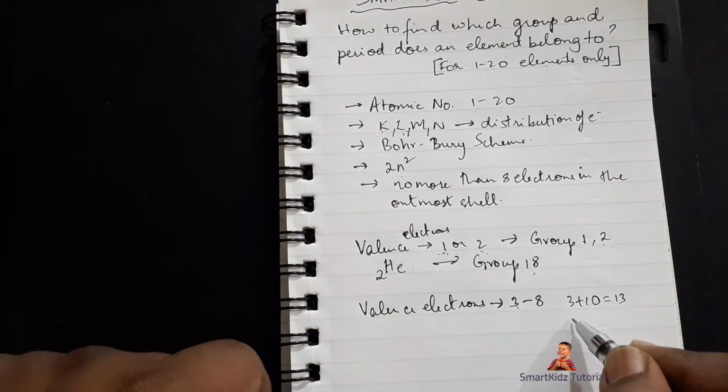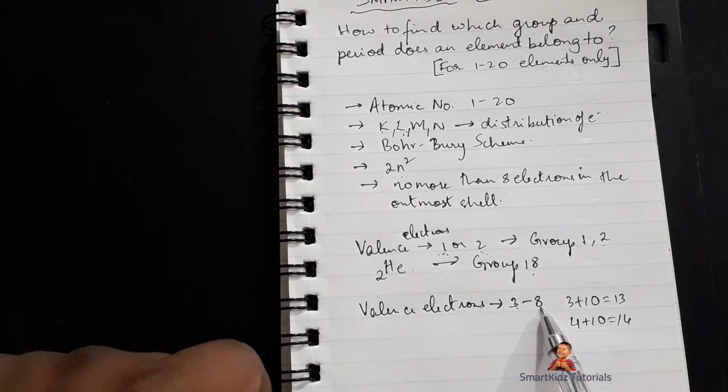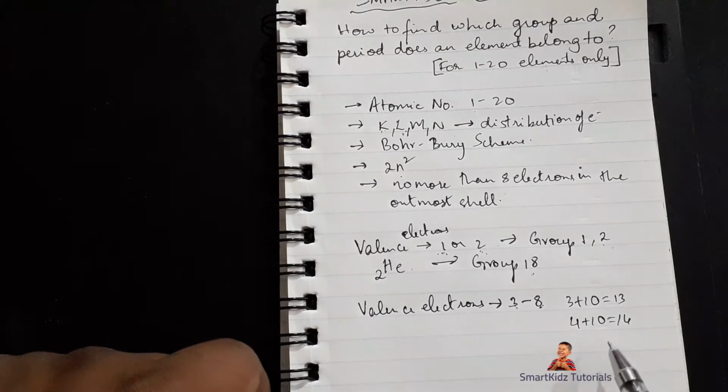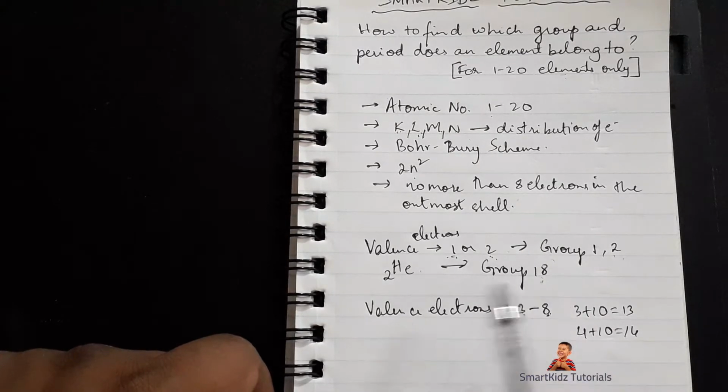Similarly, in case of 4, it will be 4 plus 10 equal to 14, and if there are 8 electrons in the outermost shell, then it will be 8 plus 10, that is 18. And 18 again belongs to the noble gas configuration. So these rules you need to follow.